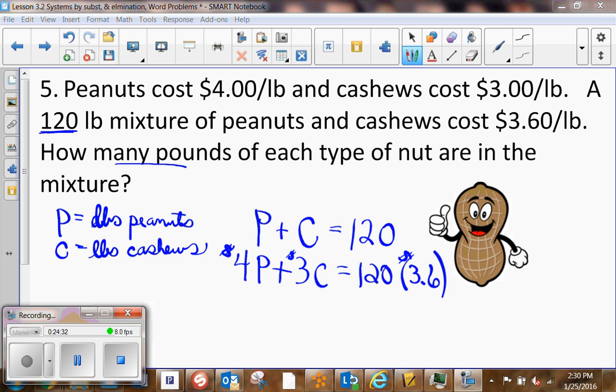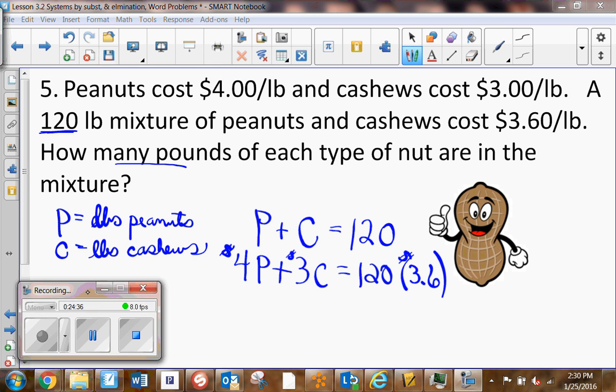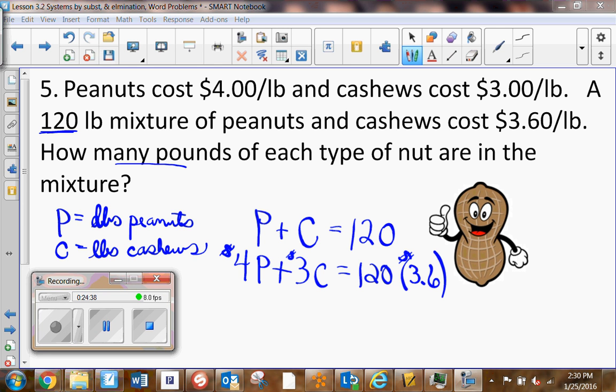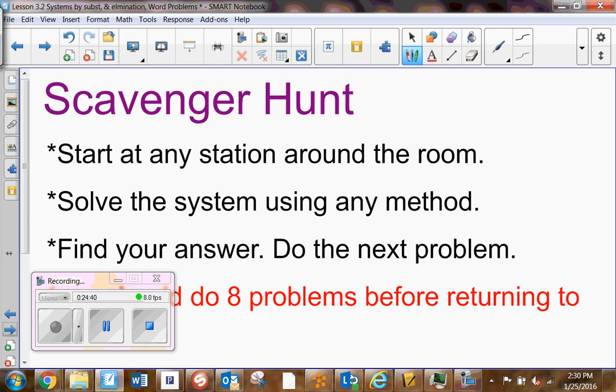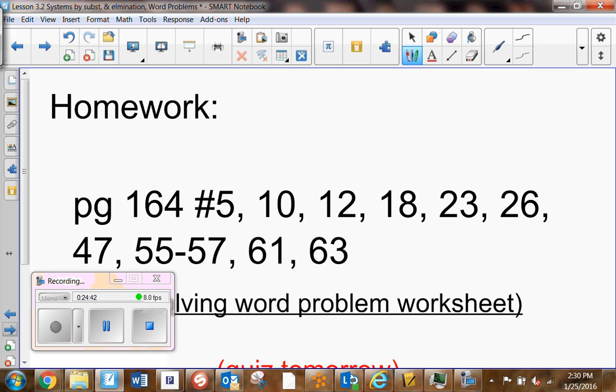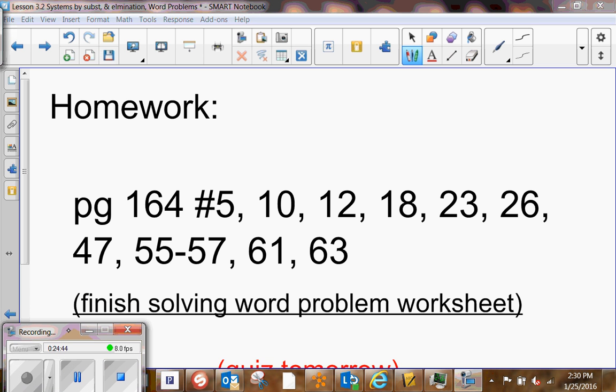Again, I'll let you work that out as part of your homework, and obviously we're not having time for that. So there's your assignment. Have a look. We'll be doing those by elimination or substitution. And what you haven't finished on the word problems, you finish those as well.